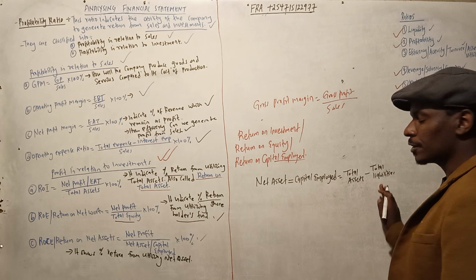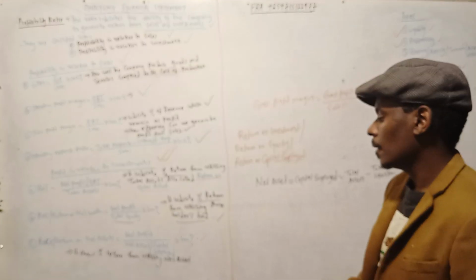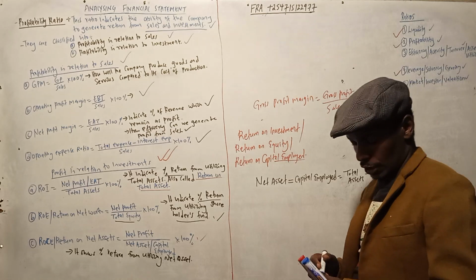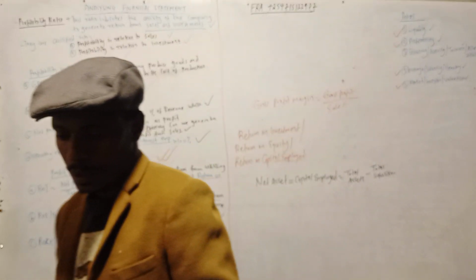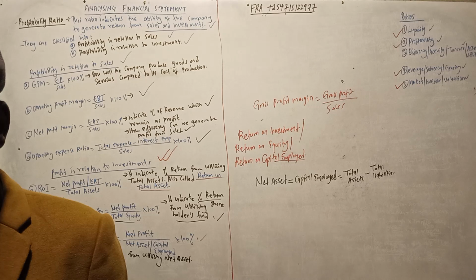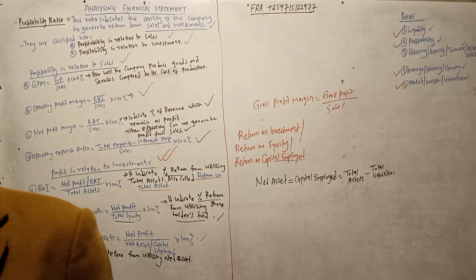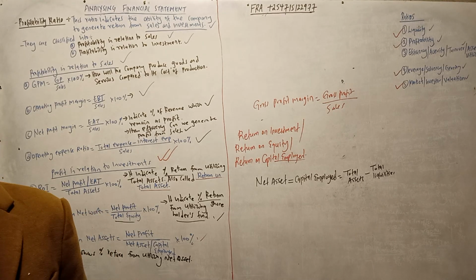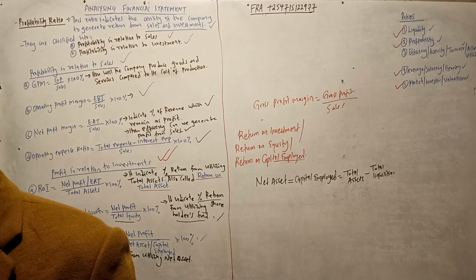Remember, total liabilities excluding the equity capital. Total assets minus total liabilities. I think that one is okay, so we are done with that one.